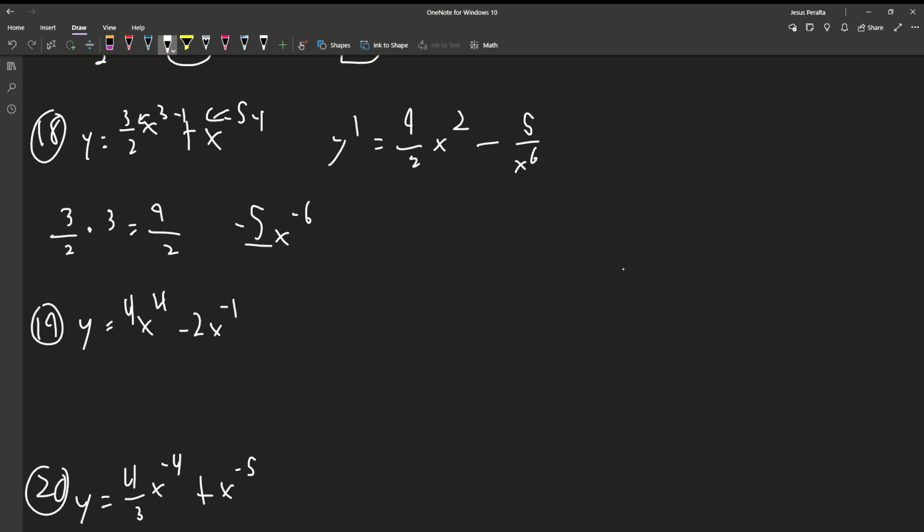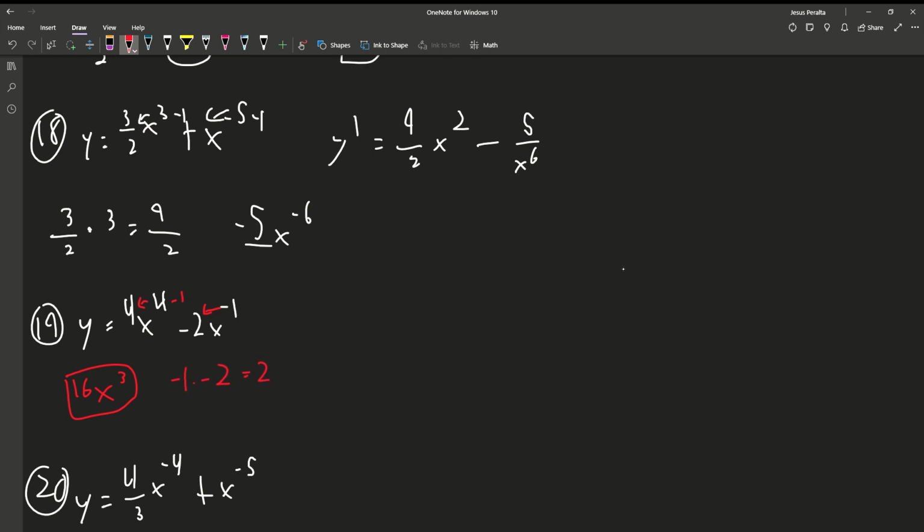Man, I should write this in a different color, shouldn't I? Let's do red. Let's see if that looks any better. So we're going to multiply by 4. Oh, that might look better. 16 x, and then subtract 1, which is going to be 3. And then that's our first part. And then negative 1 times negative 2 is equal to 2.